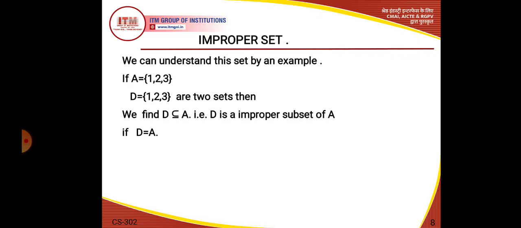Now we find D is a subset of A, that is, D is an improper subset of A because D is also equal to A. It's a subset of A and it's also equal to A. So both conditions follow here. So in this case, D is an improper subset of A.